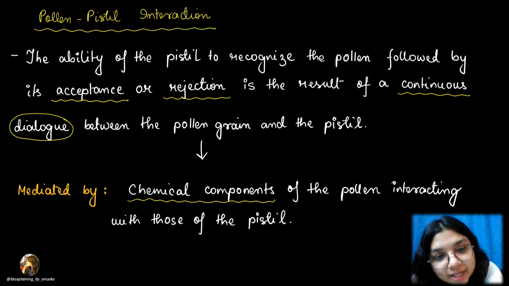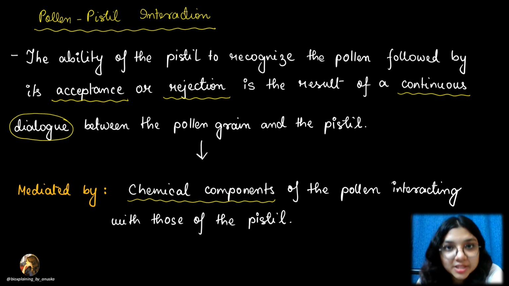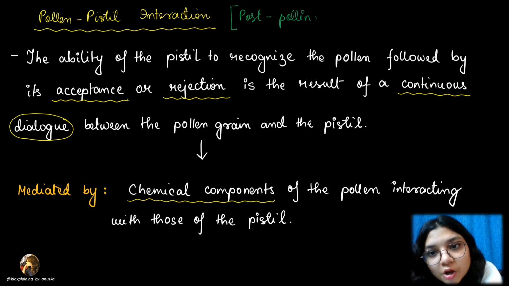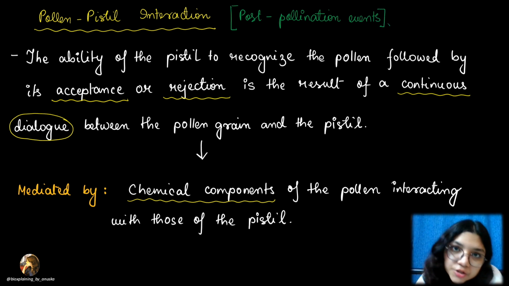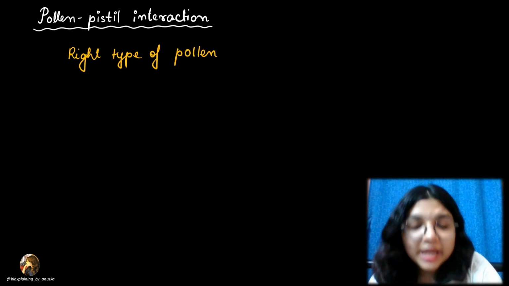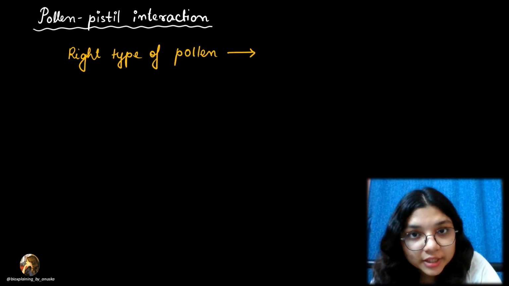That is, the pollen grains will interact with the pistil and then the pistil will decide whether it will accept the pollen grain or reject the pollen grain. Right. So these are all post-pollination events. Understood properly?